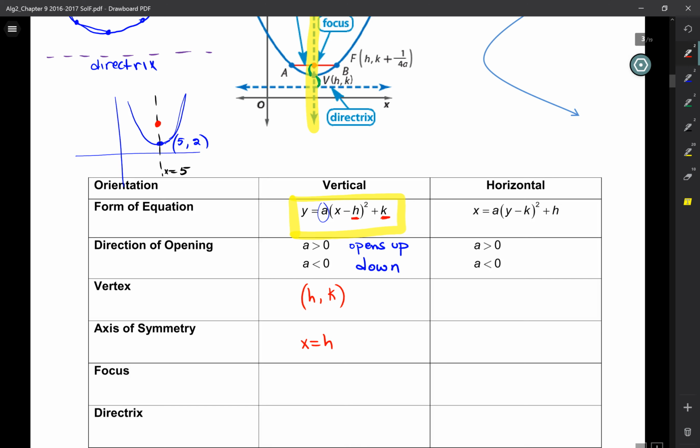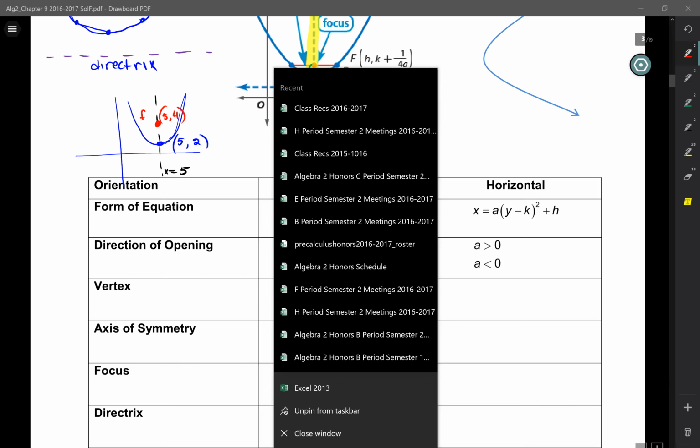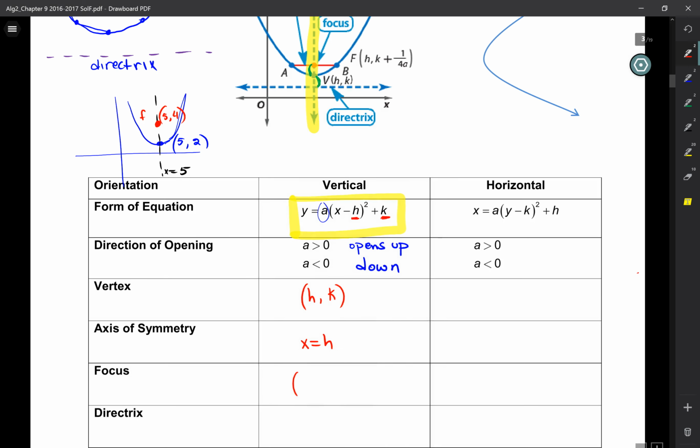5, 4 is a good one. So did the x coordinate change? The y coordinate changed. So how do I find the focus then? Yes, it's h comma k plus some number. Guess what that number is?